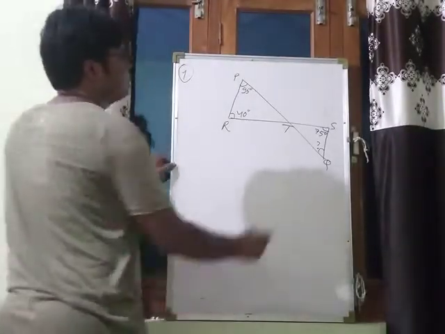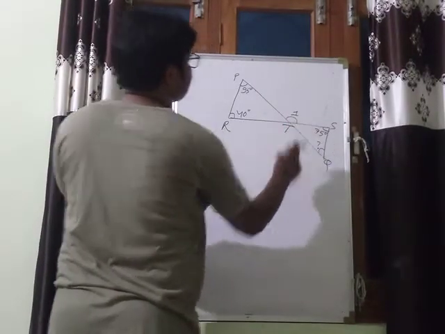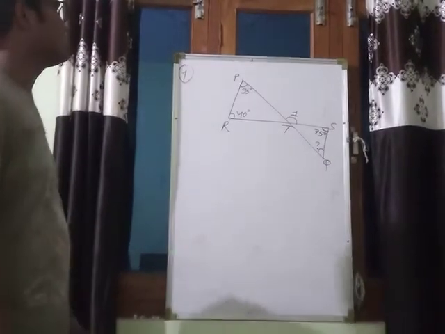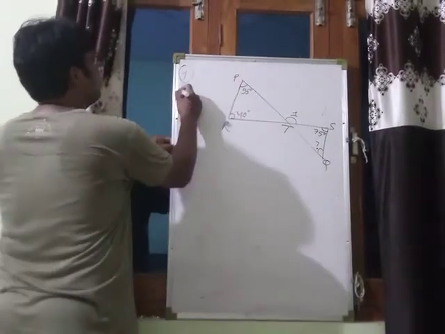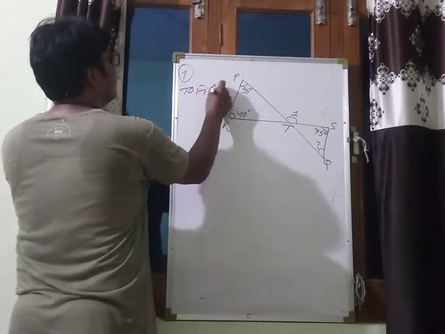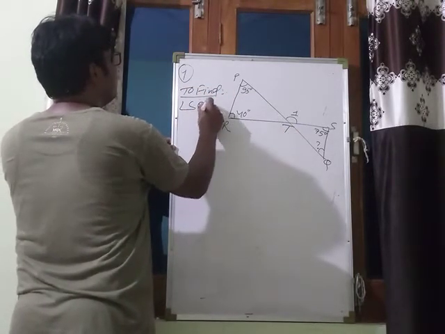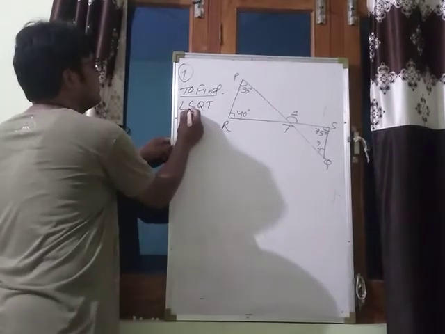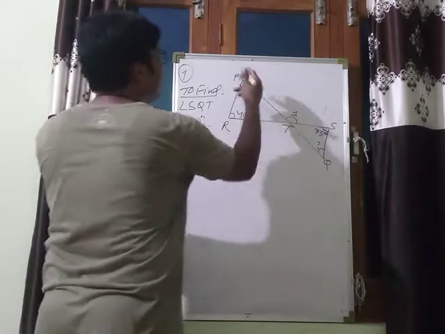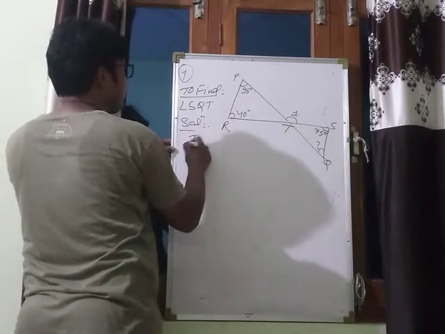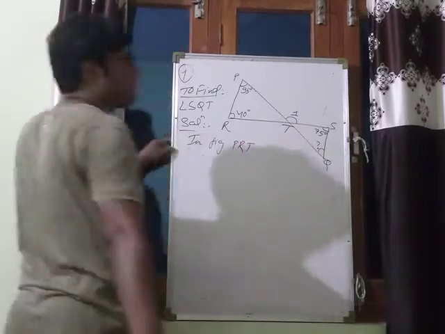Very easy. Suppose this angle is angle 1. Clearly, you can see this. What we have to find is angle SQT in this figure. So see its solution.